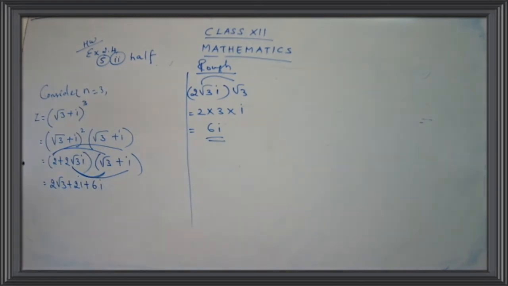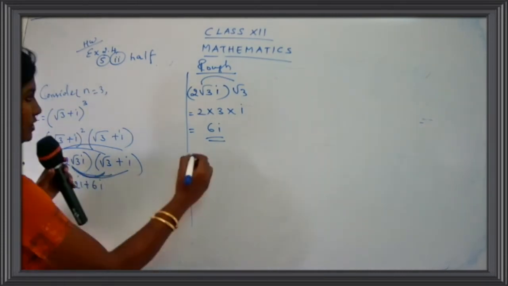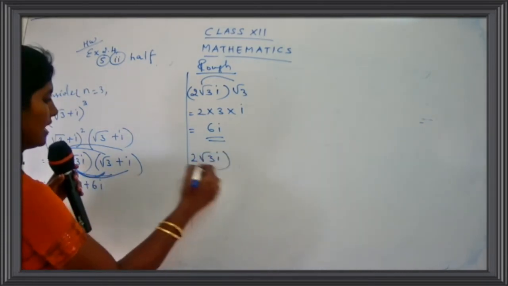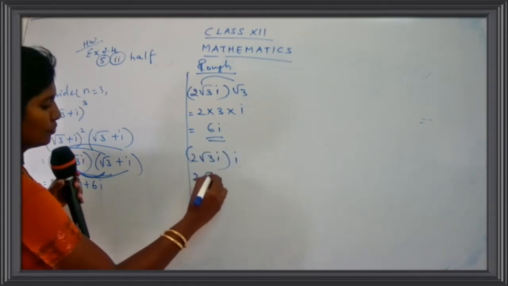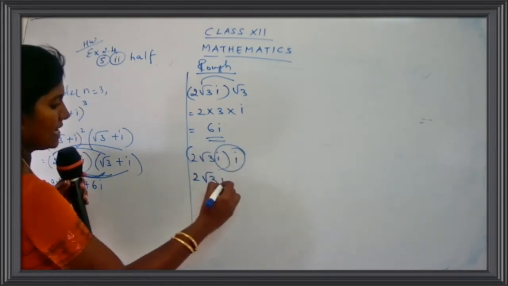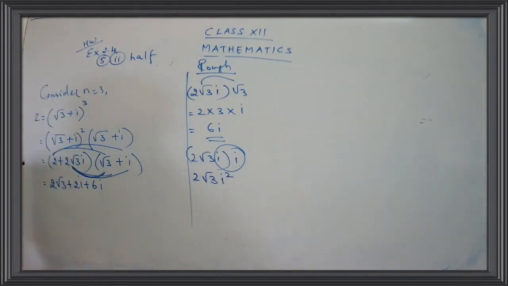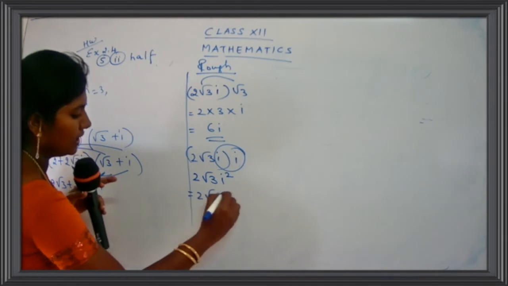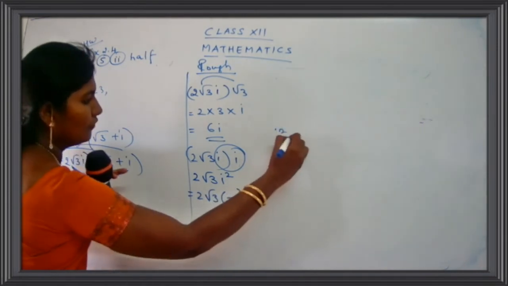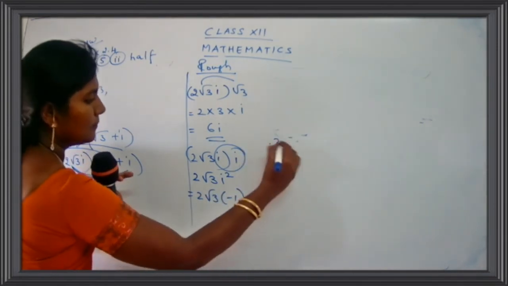Okay. Now, let's go for the next explanation. 2 root 3i into i. So 2 root 3 i square. i into i is i square. So 2 root 3 into minus 1. We know the value for i square, that is minus 1.